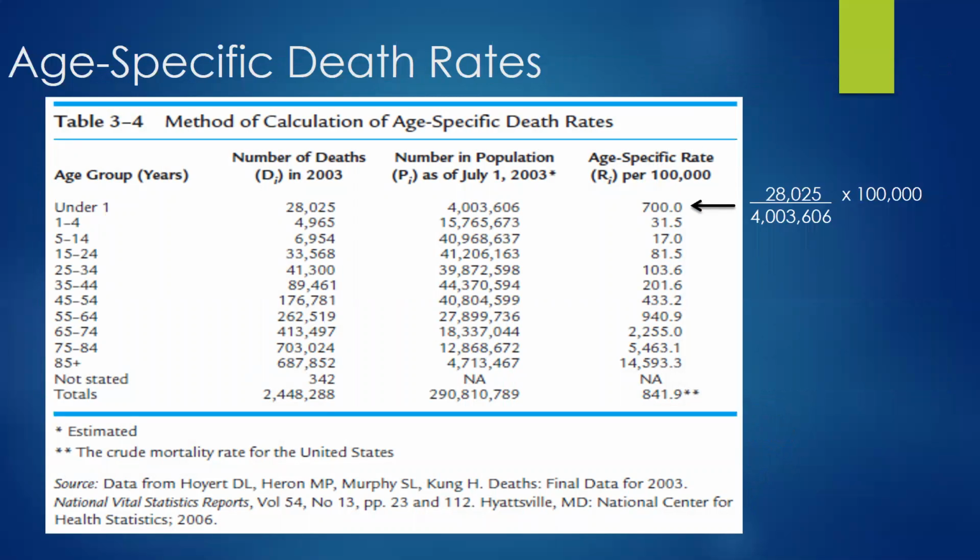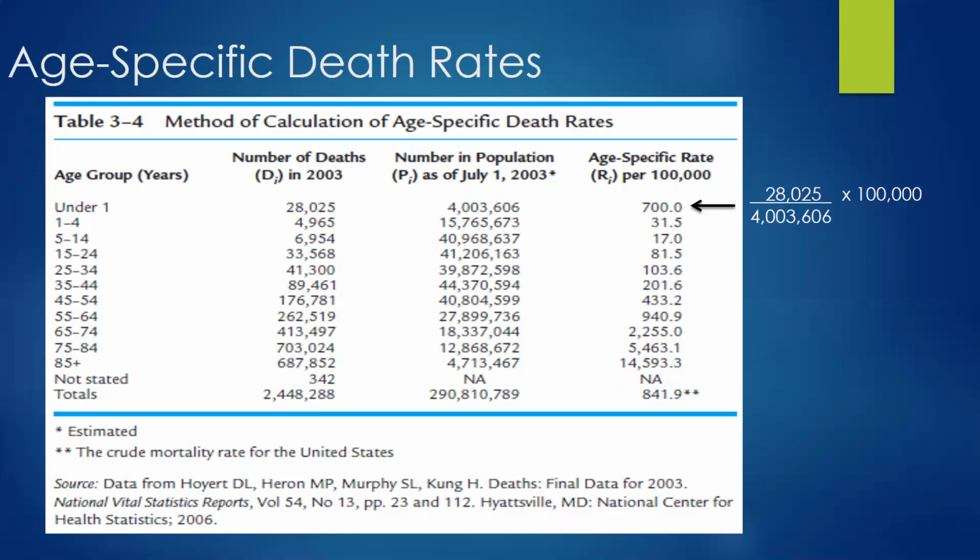So here is an example of age-specific death rates. This is older US data from 2006. And so we have those similar categories to what we saw in the population pyramid, and under 1 death rate, 1 to 4, and so on. And then we have the total rate at the bottom, which would be the overall crude mortality rate for the US.